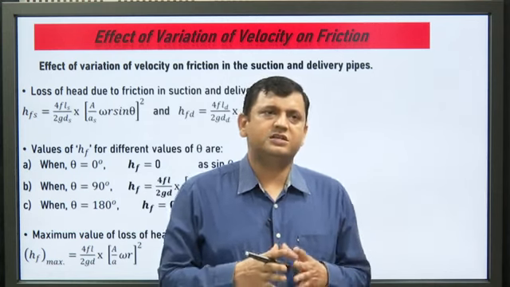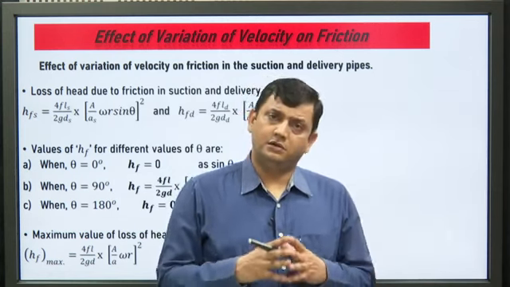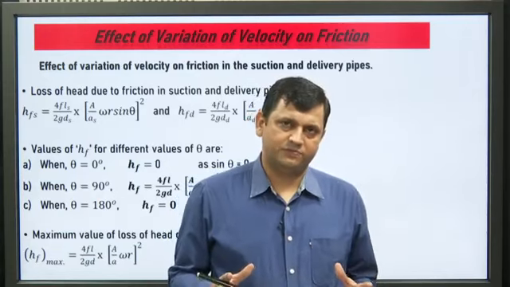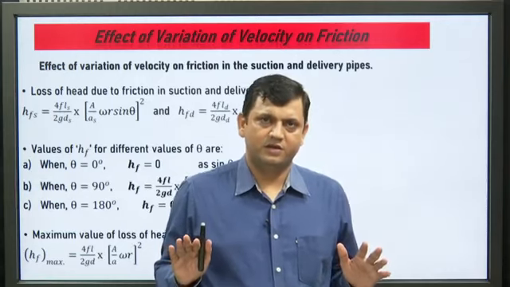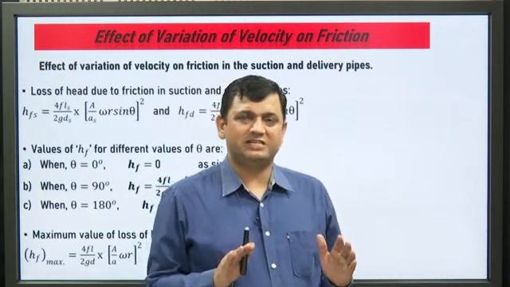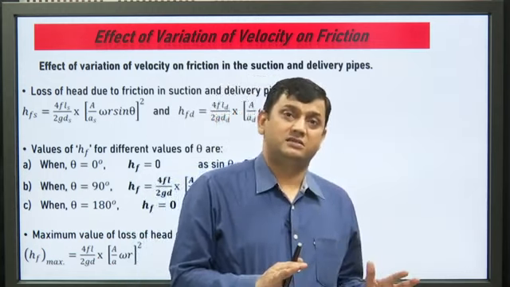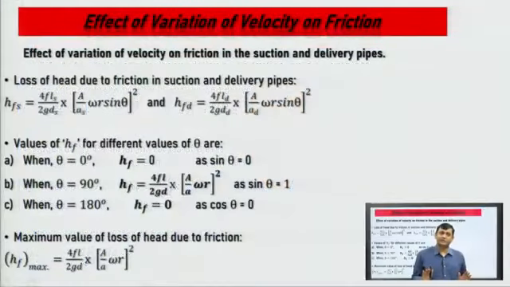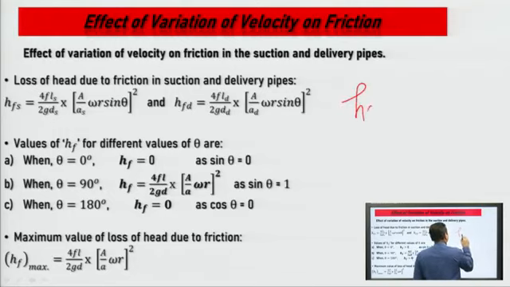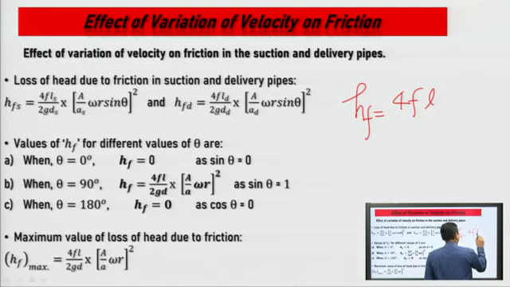The friction loss is calculated by the Darcy-Weisbach equation, which is used for the calculation of major losses. That equation is H_F, the head loss due to friction, equal to 4f L V square upon d into 2g.